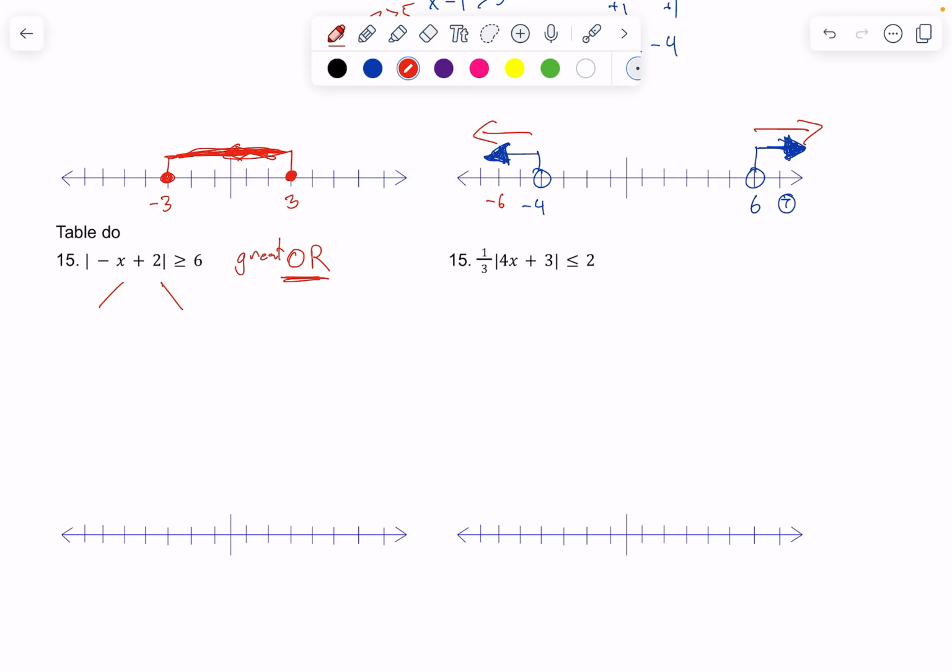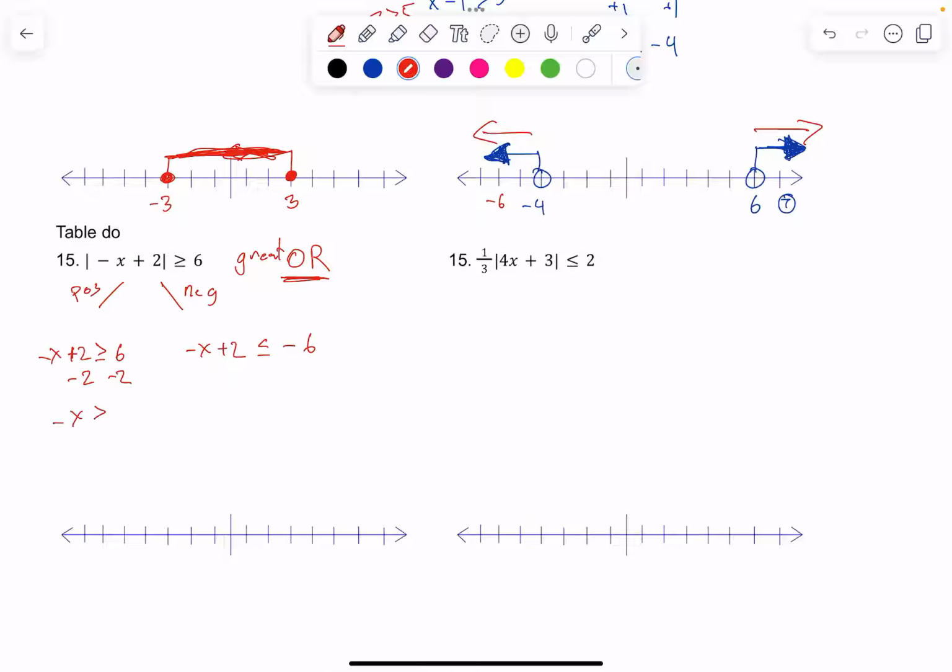So when I split this, I'm going to have negative x minus 2 is less than or equal to 6. This is the positive side. And on the negative side, I have negative x plus 2, oops, sorry, there's a minus 2 here, and that's going to switch the sign and get a negative 6. That's plus 2. Oh, not plus 2, I want a minus 2. Minus 2, minus 2.